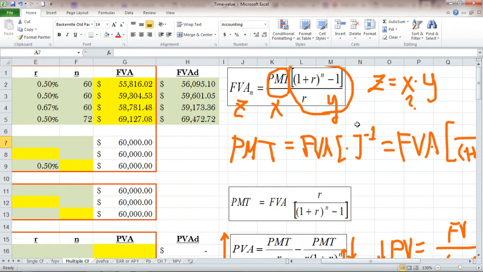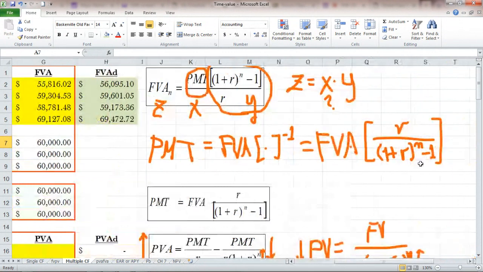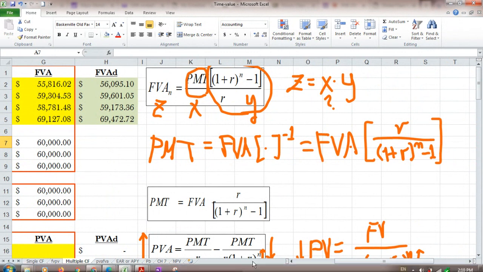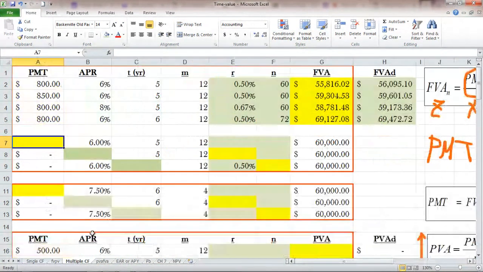But the y is a fraction, isn't it right? And dividing something by a fraction is the same thing as multiplying by its reciprocal. So the reciprocal of the thing in the bracket will be r over 1 plus r raised to n minus 1. By using that formula, we can nail it.